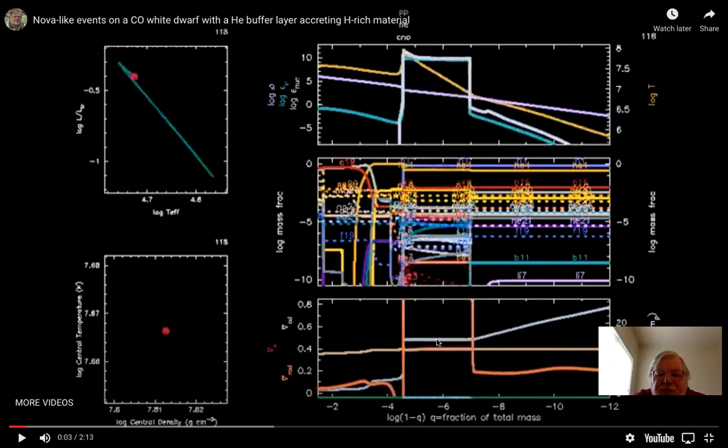And the bottom panel shows the temperature gradients, nablas, okay? In the convective region, the radiative temperature gradient, the brown line, should exceed the adiabatic one, the white one. And you can see as a result of hydrogen accretion, we have an increase of temperature.